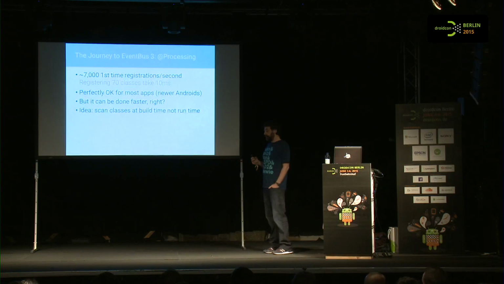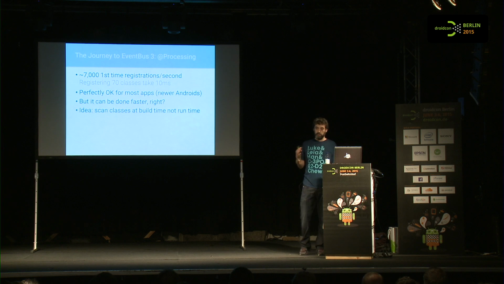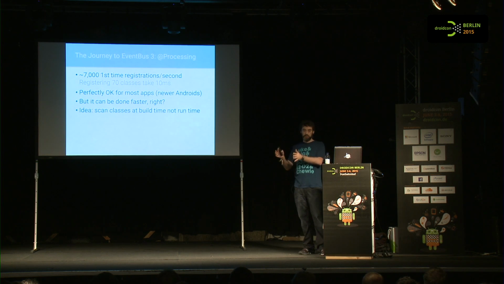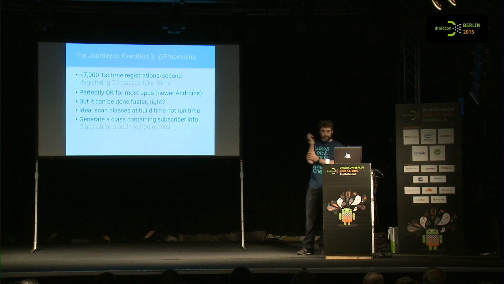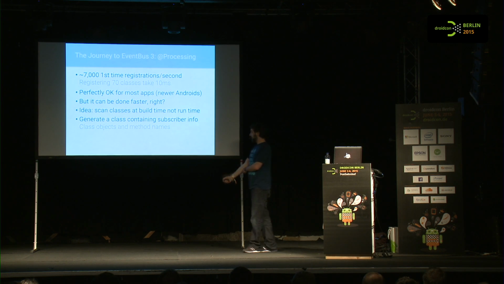So, next idea, let's make this faster and do this by moving the time spent from runtime to compile time, to build time. And this is done by annotation pre-processing or processing.